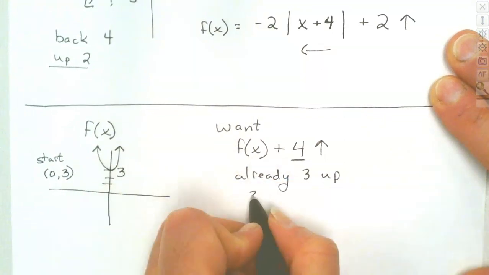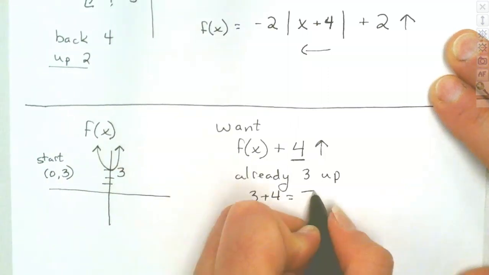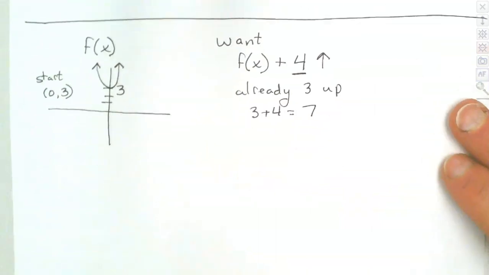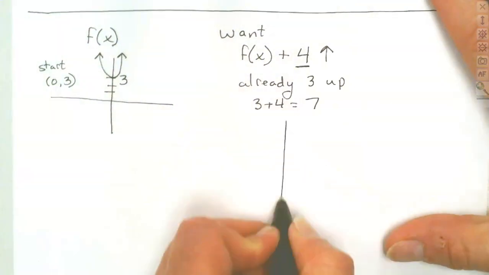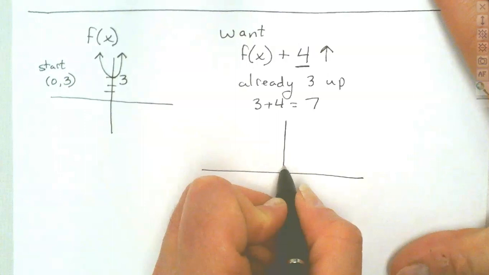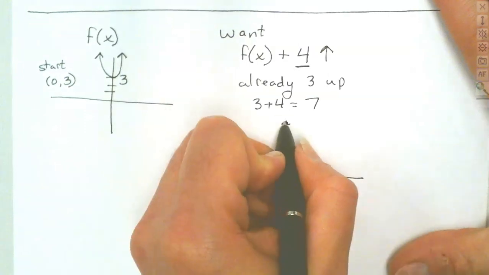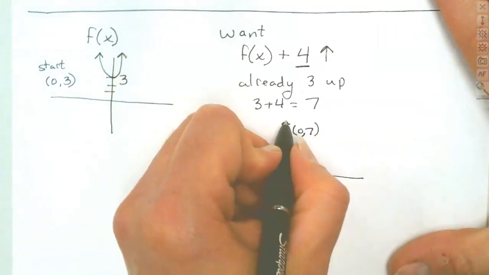Now we take that 3, that up 3 units, we're going to add that 4, and that makes it 7 total up. So we had to move it 4 more up from that 3 already. And so that means our new graph is going to be up 7. So it's going to be right here at 0, 7, and then it looks the same.